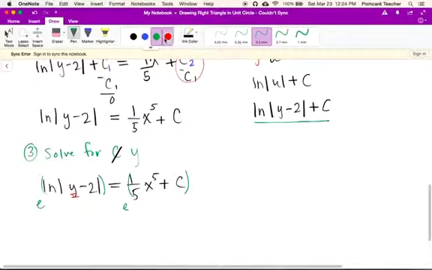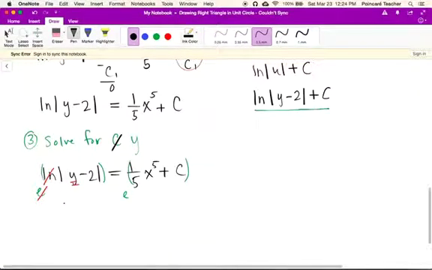So from here, the e and the ln will cancel each other out. And so what we're left with is y minus 2, the absolute value signs drop, so you have y minus 2 equal to e to the power of 1/5 x to the fifth plus c.